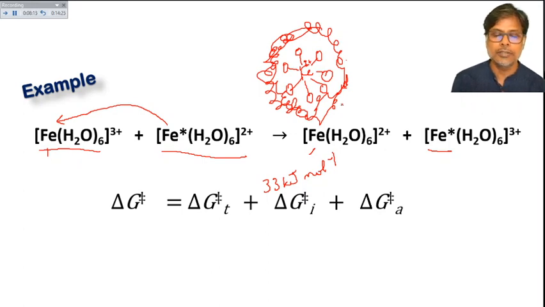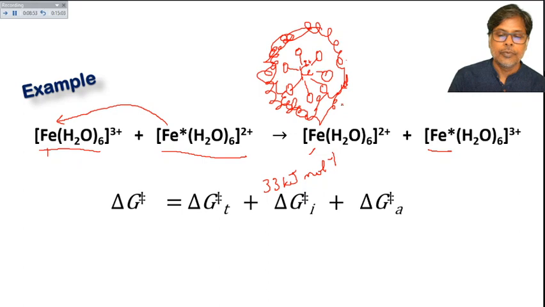So all these three energies: the first one is for bringing the oxidant and reductant closer to each other for an electron transfer to occur, the second one is for making the bond lengths equal so that the energies of the orbitals become equal, and the last one is the reorganization of the solvent molecules surrounding the first coordination sphere.